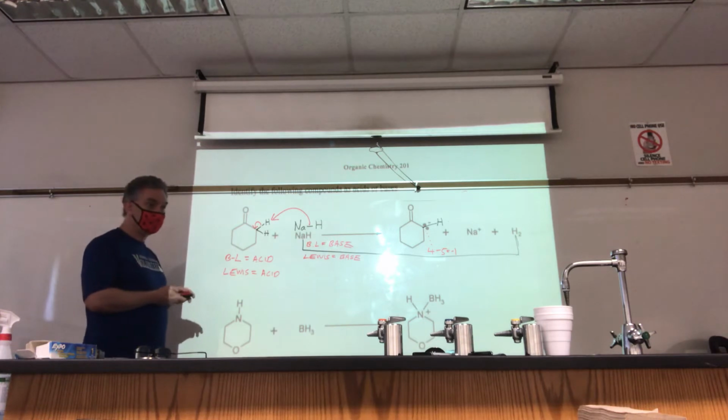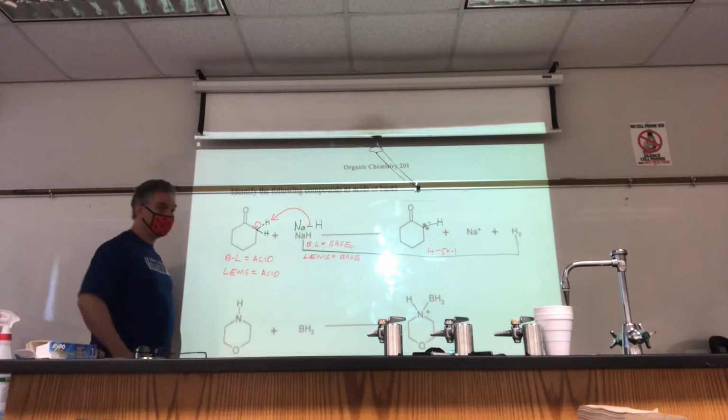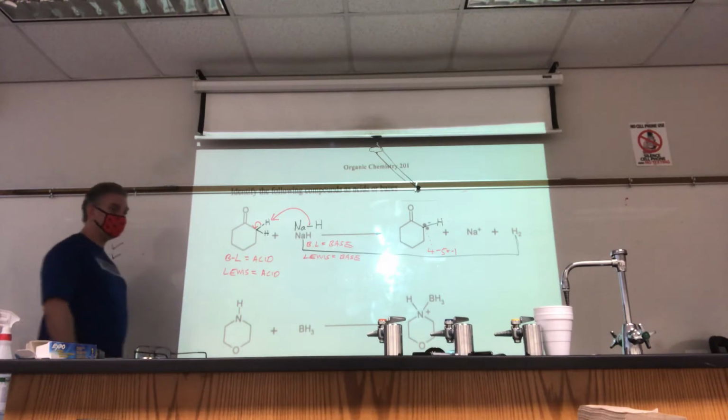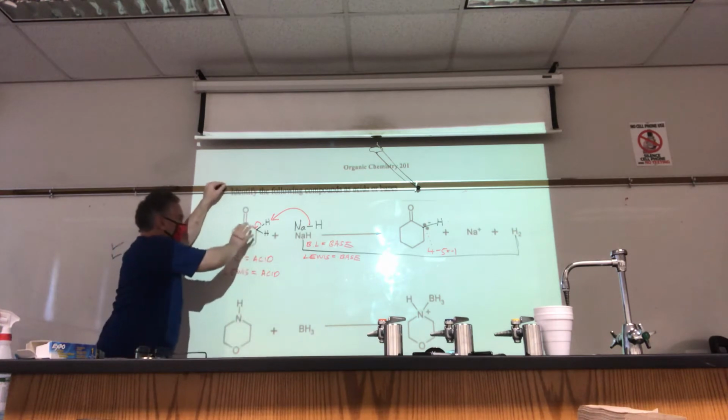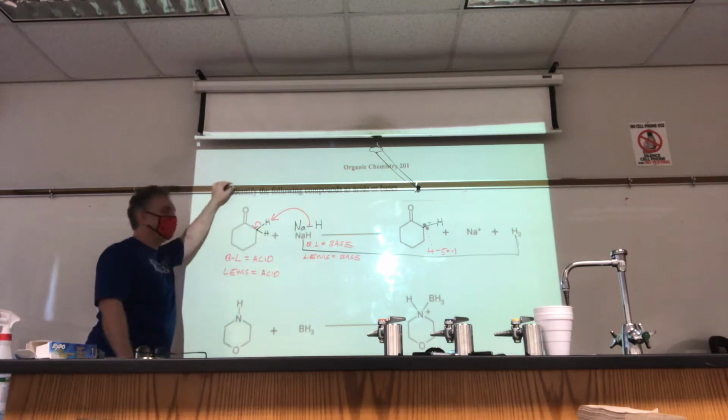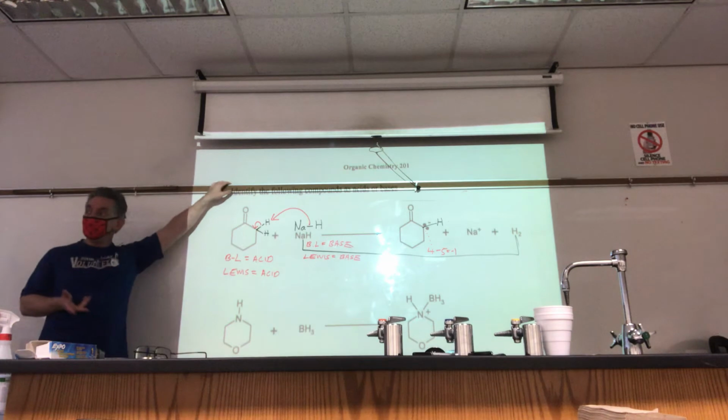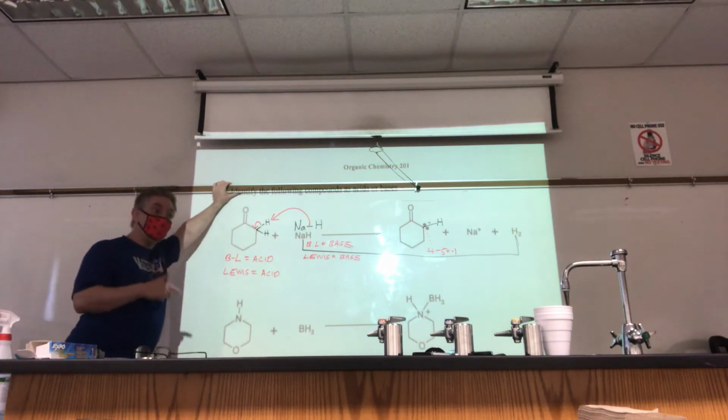Yes? So on the test, will we be told which one it is, or which one we have to describe, I guess? It'd be very similar to this. You'd be given a reaction scheme like this. You'd have to point out which is the acid, which is the base, and also point out if the Bronsted-Lowry or Lewis definition were appropriate.